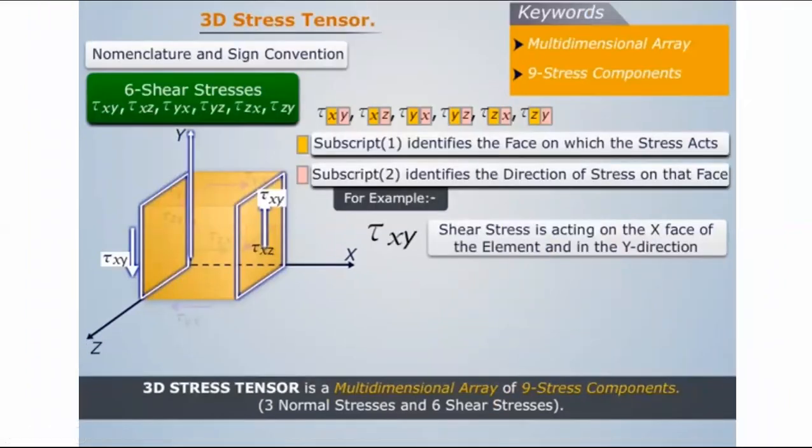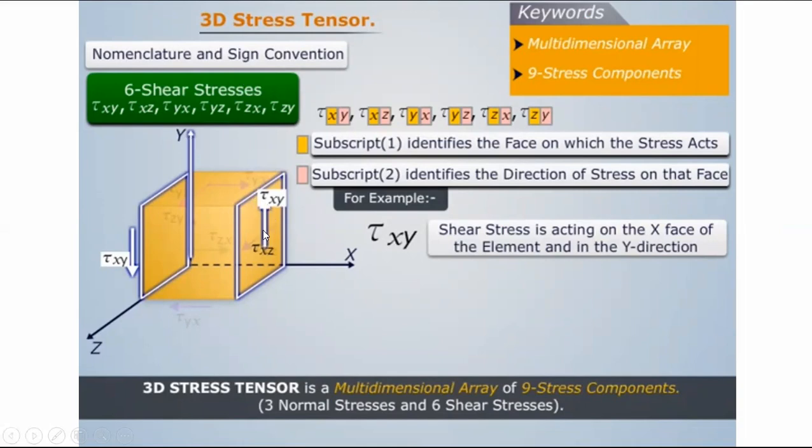Now, how are these shear stresses denoted? Tau xy is the shear stress acting on the x face of the element and in the y direction. X face means this 1 and 2, that means perpendicular to the x-axis. That will be the x face, and in the direction of the y-axis, this one. Okay, this is the direction.